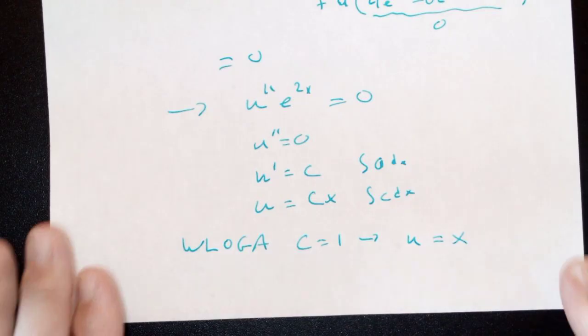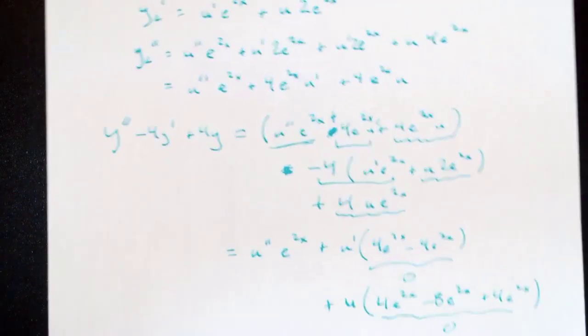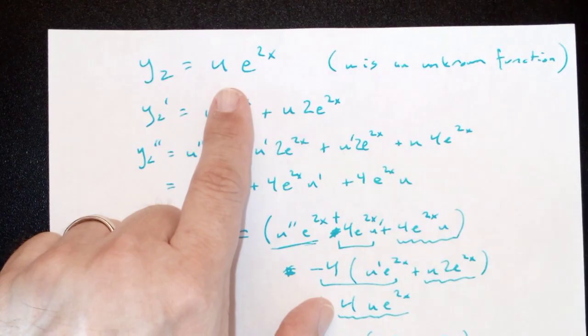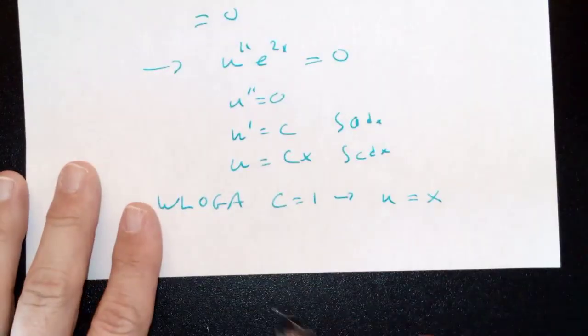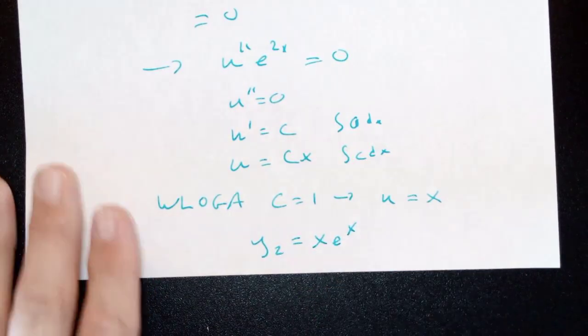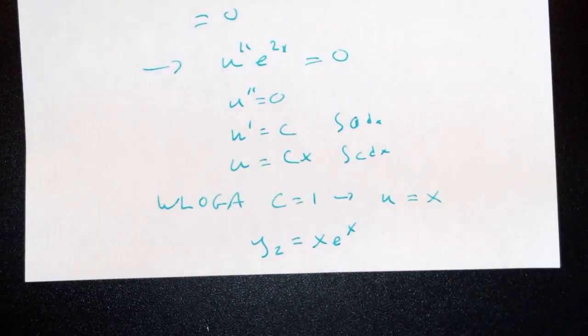All the way back up the top of this page. Right there. So y2 is x e to the x. And that is a second solution to my differential equation, I claim.